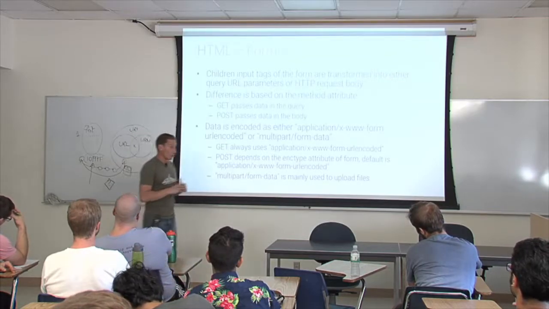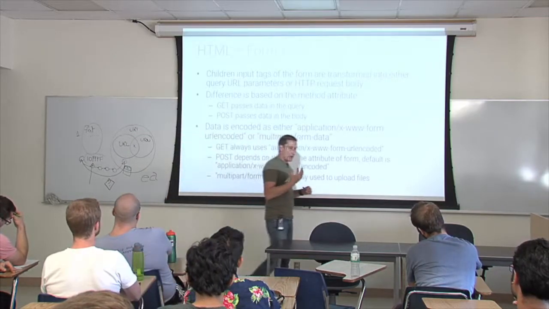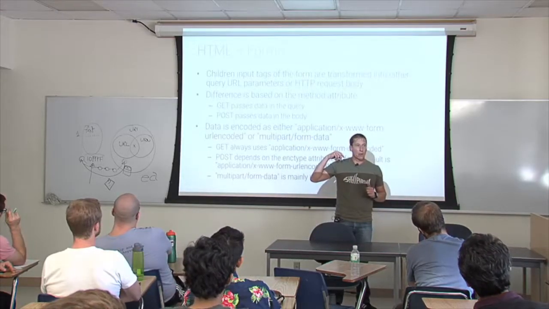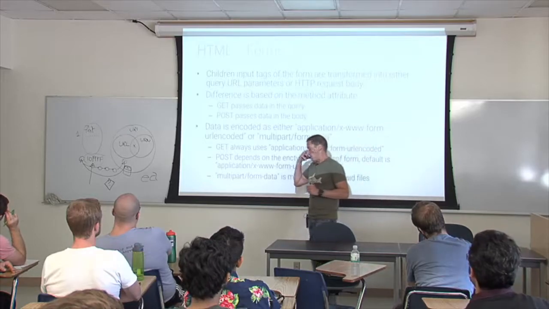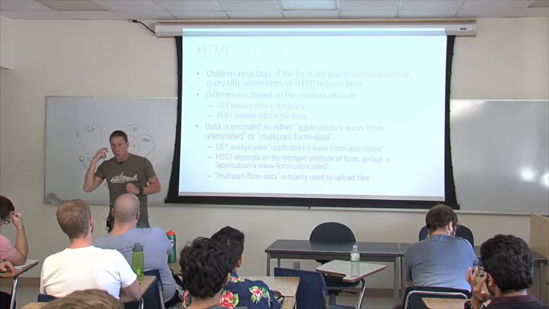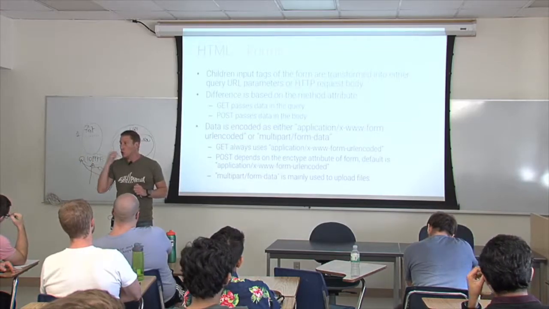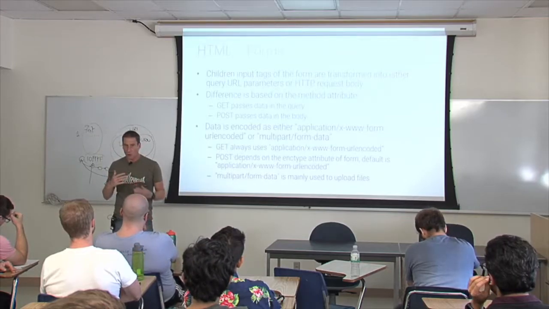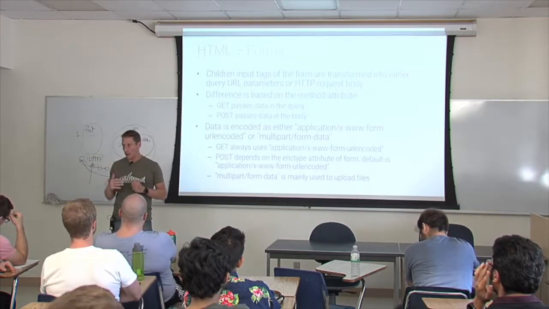So usually the rule is that get requests should be used to obtain fundamentally idempotent resources. So if you do get twice, you are just obtaining something, parameters or not. You're not modifying something.